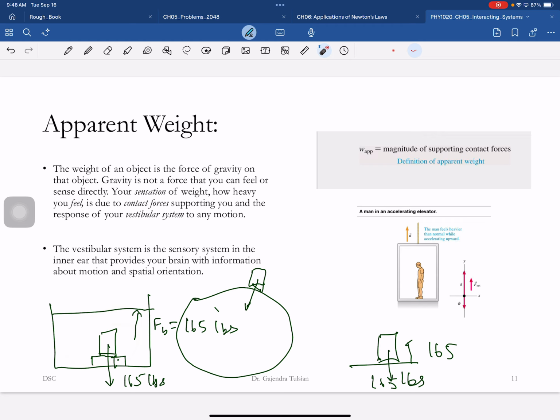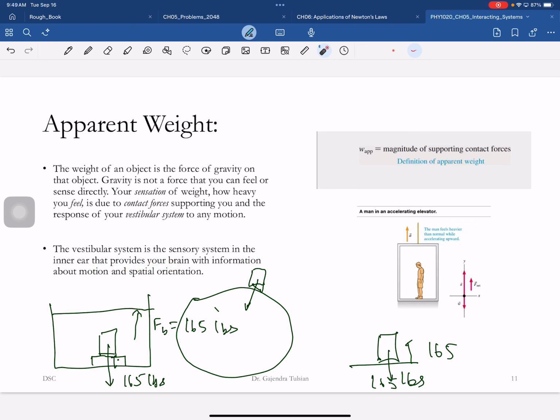So the weight of the object is the force of gravity on the object. Gravity is not the force that you feel or sense directly. Your sensation of weight, how heavy you feel, is due to contact forces supporting you and the response of your vestibular system to any motion. The vestibular system is in your inner ear and provides your brain with information about motion and spatial orientation.